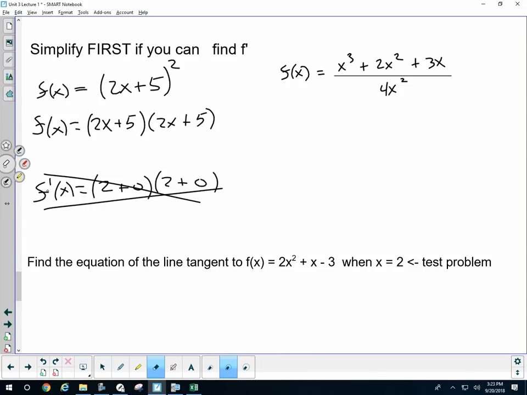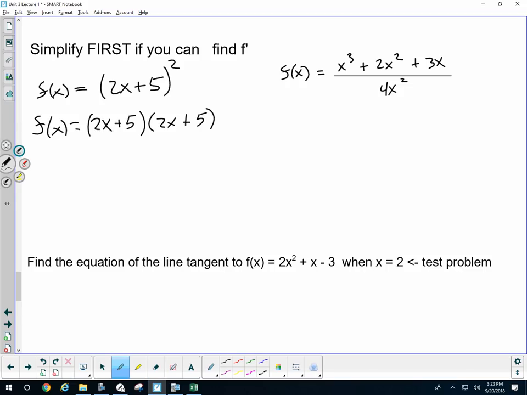FOIL, distribute everything. I like distribute everything. Okay, now, don't forget, all you've done is simplified. Make sure you find the derivative.